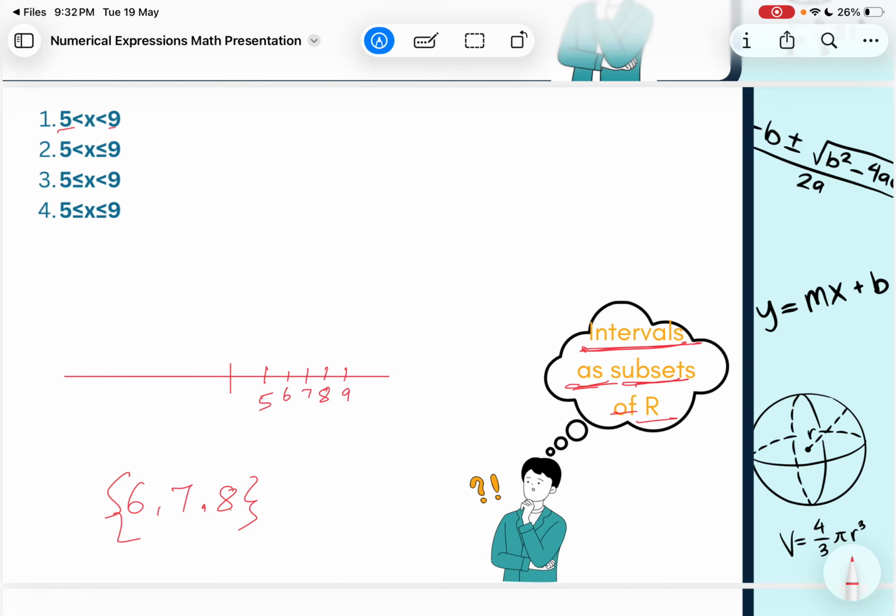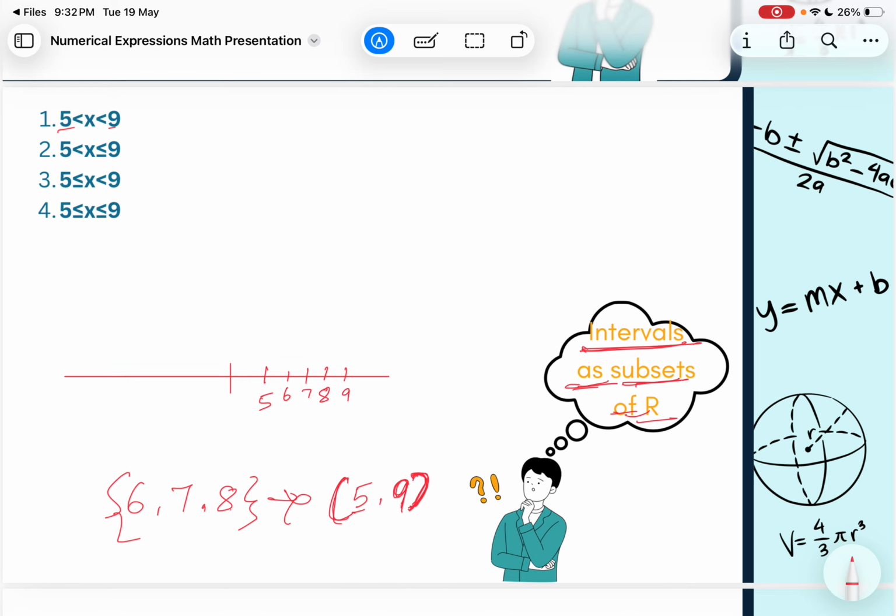As an interval, we will represent this as open 5 comma open 9. Both sides will be open. It means this bracket means 5 is not included and this rounded bracket means 9 is not included.